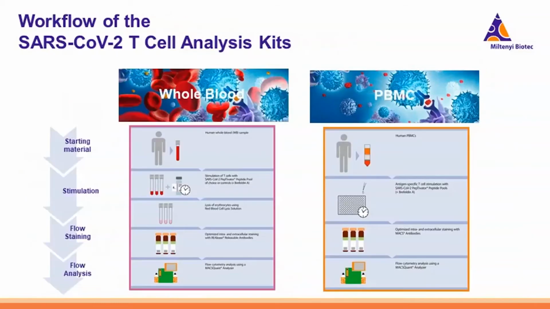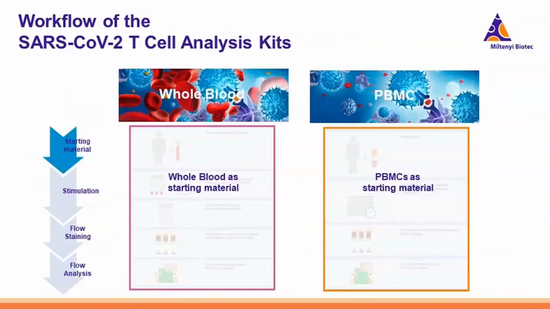So both kits have almost the same workflow, proceeding with the preparation of starting material for stimulation, followed by staining and subsequent flow cytometric analysis. I will now go into detail and explain the workflow and highlight the difference between the two kits.